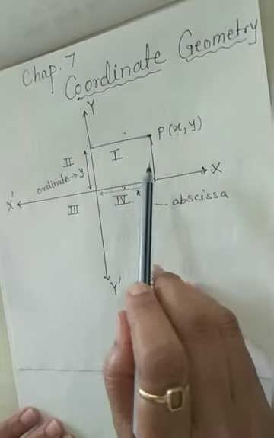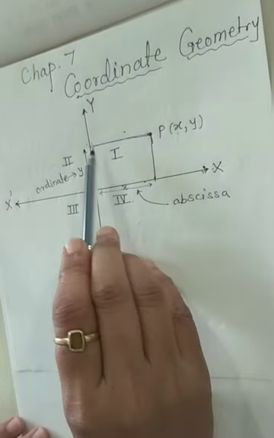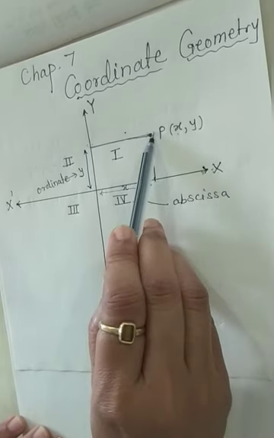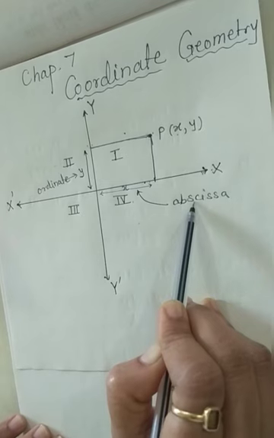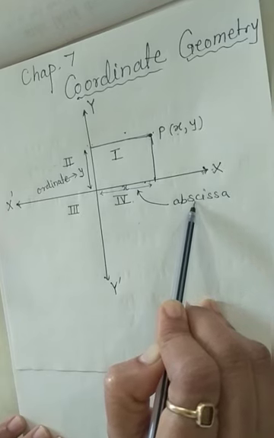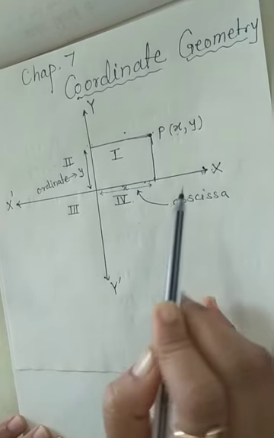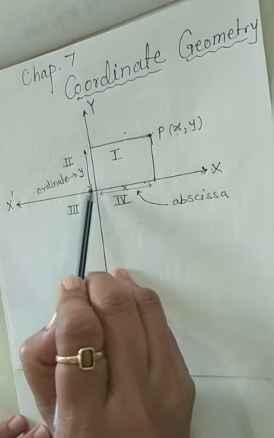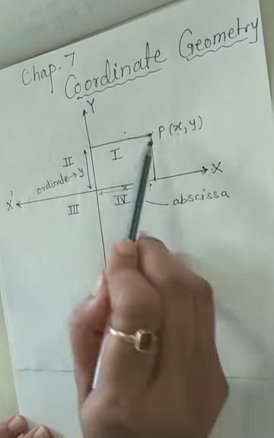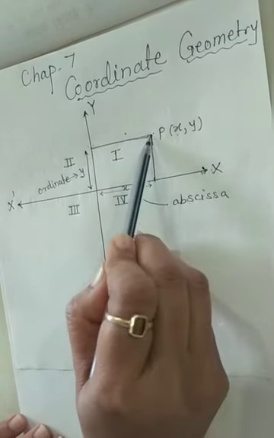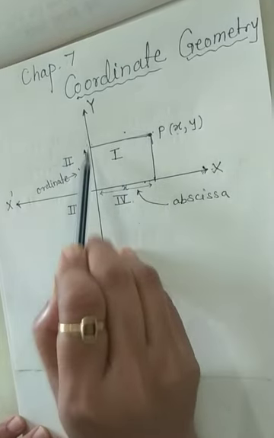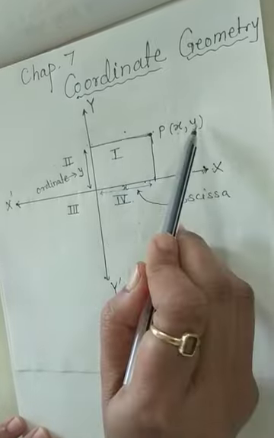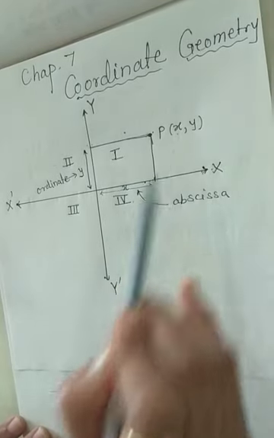So the perpendicular distance from the y-axis measured along the x-axis is known as the abscissa or x-coordinate, and the perpendicular distance from the x-axis, measured along the y-axis, is called the ordinate, also known as the y-coordinate.